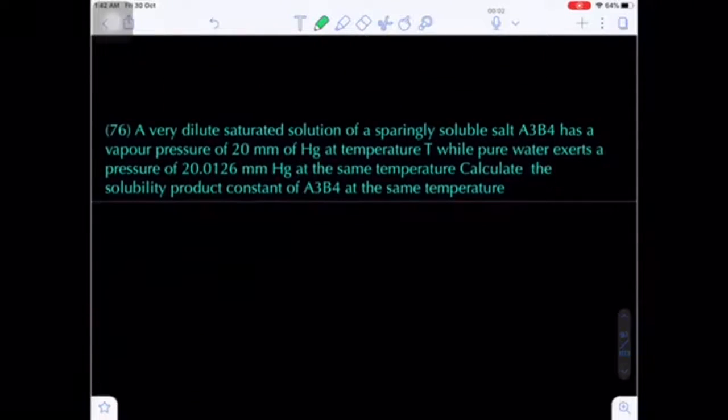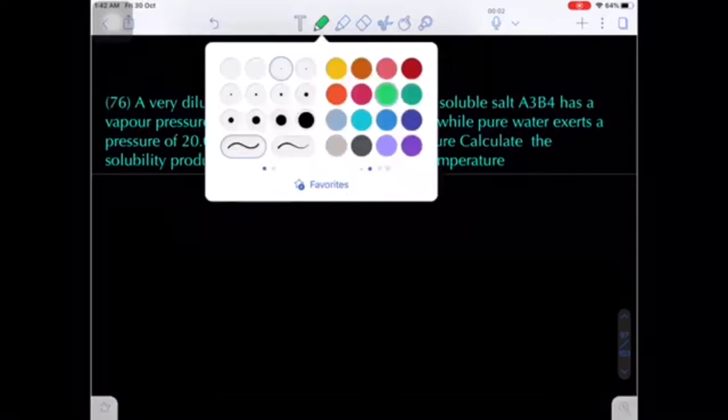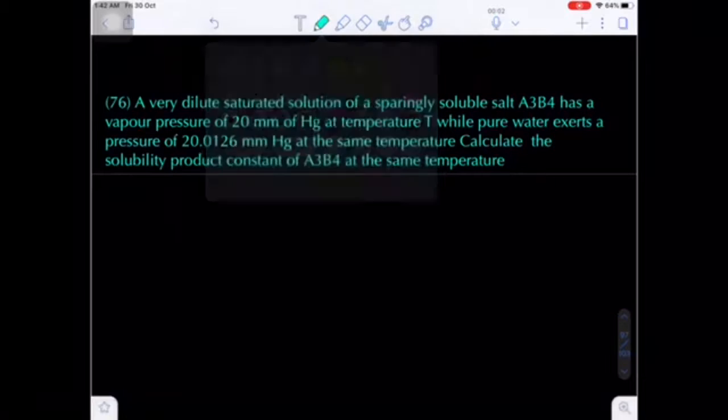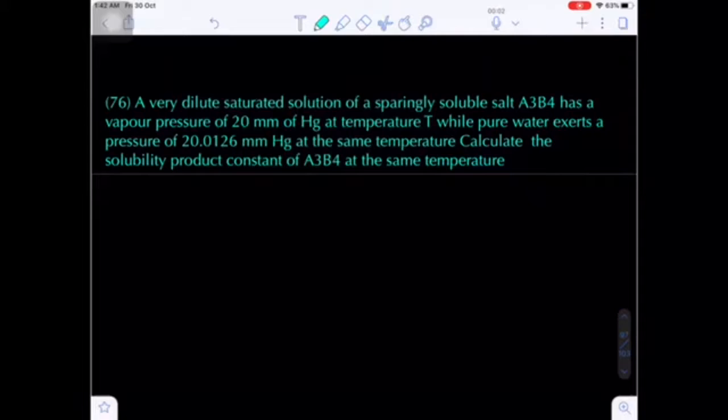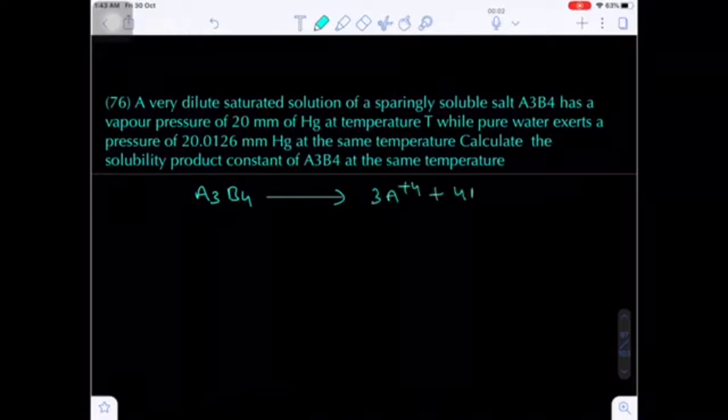Now question number 76. A very dilute saturated solution of a sparingly soluble salt A3B4. How will the sparingly soluble salt dissociate? As cations and anions: 3 cations and 4 anions.